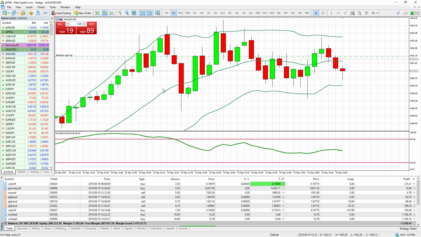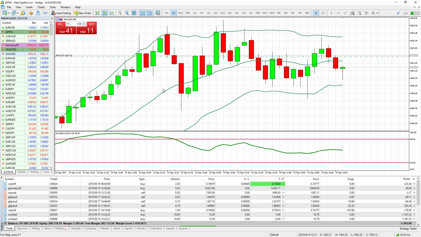For example, everybody is expecting a negative earnings report for, let's say, Apple. It's a well-known fact that when the earnings report is negative, the company the next day is going to open with a gap down, so the price is going to decrease.